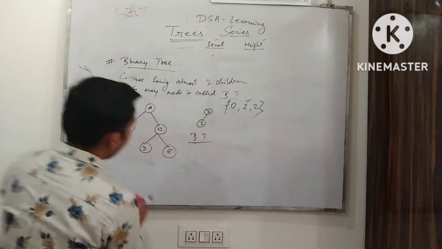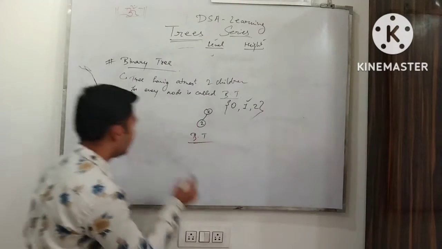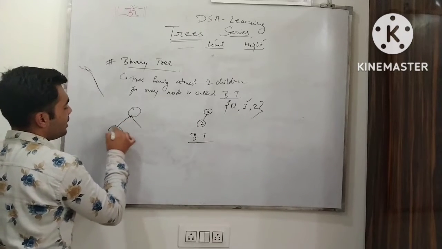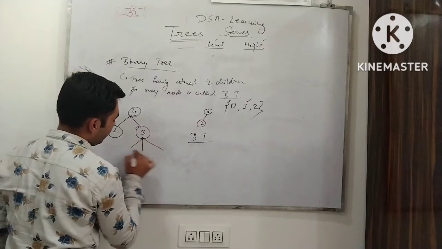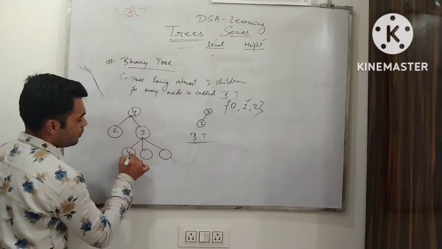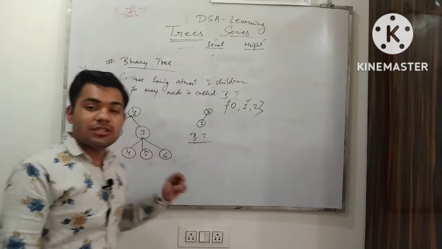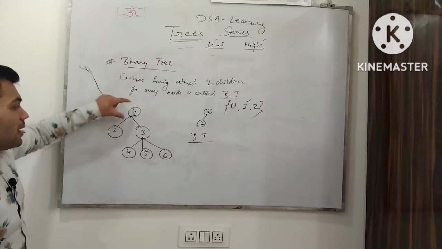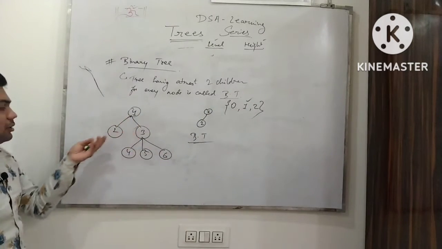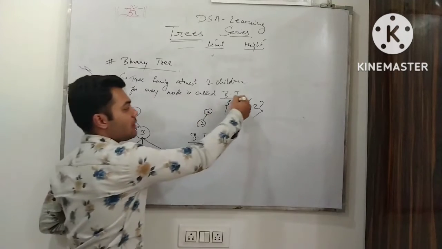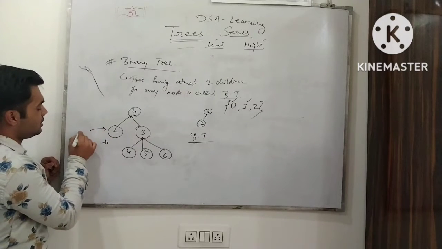Okay, now I would like to draw one more tree. You will tell me whether it is a binary tree or not. 1, 2, 3, 4, 5 and 6. Is this a binary tree? No, this is not a binary tree. Why? Because 1 has 2 children, 2 and 3, satisfying the condition. 2 has no children, which is also possible, it is a leaf node, an external node.